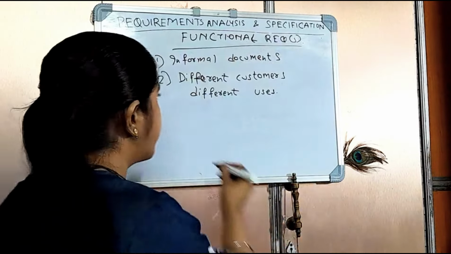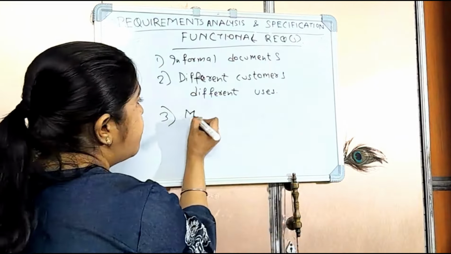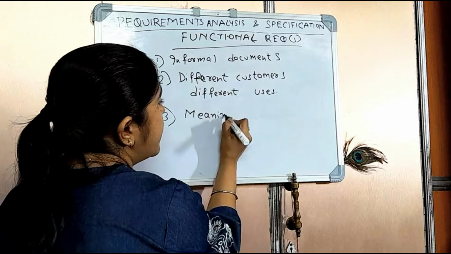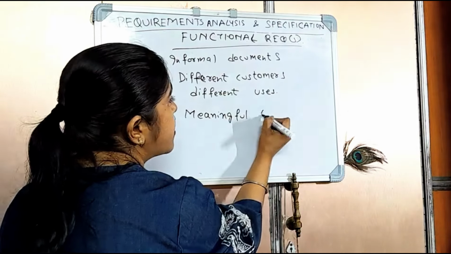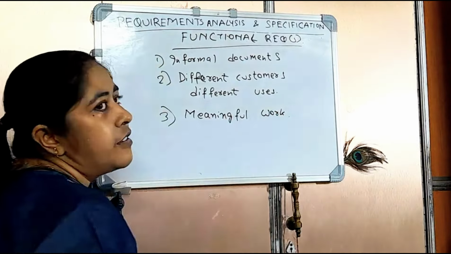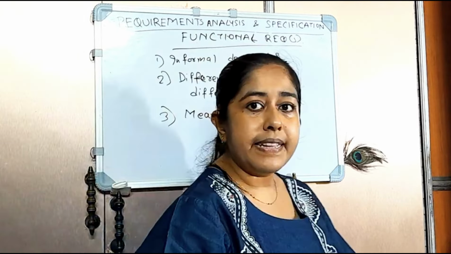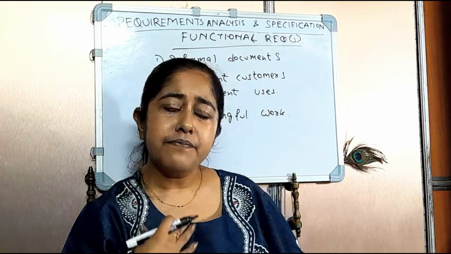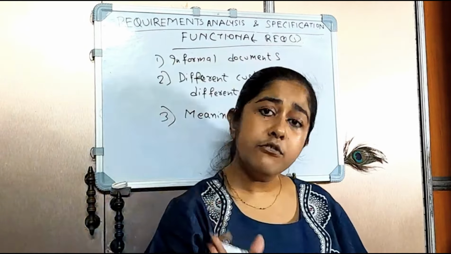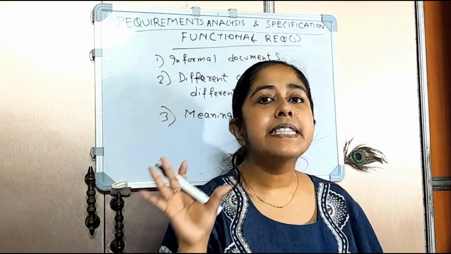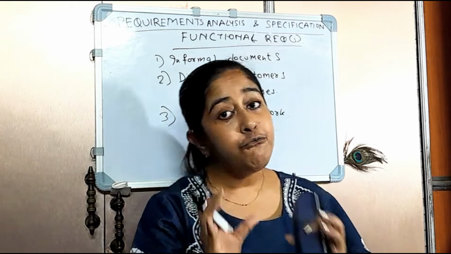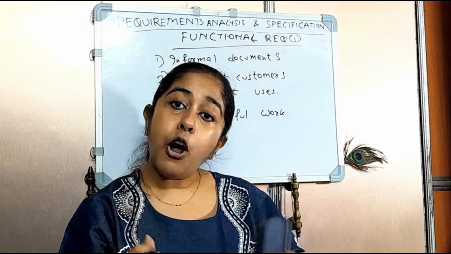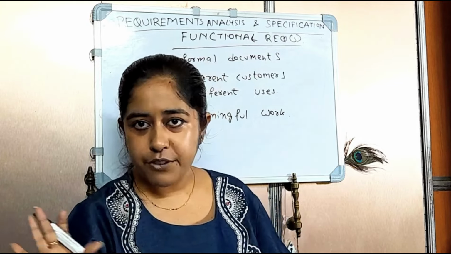And the third thing which you have to see is some meaningful work. Your system should do some meaningful work for your user. That is the main thing. I have made the system, I have made the software, but I have to see that it will do some meaningful work for the particular customer who is coming in front of me.